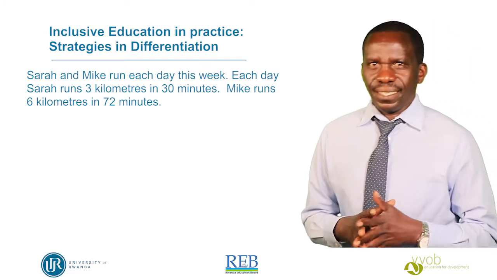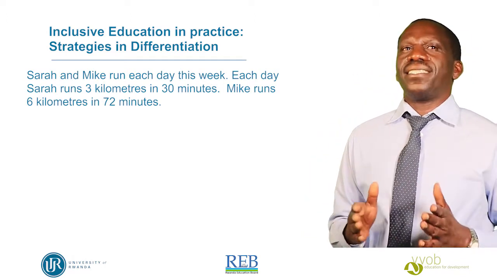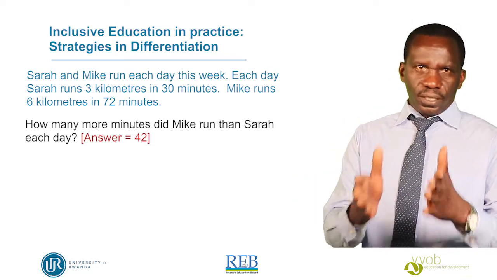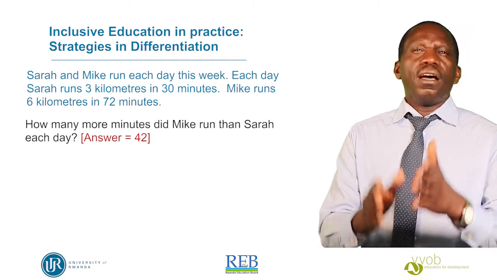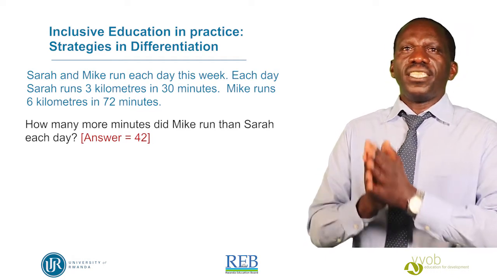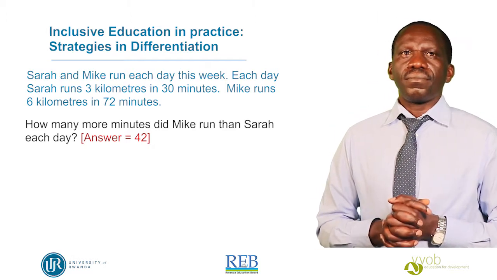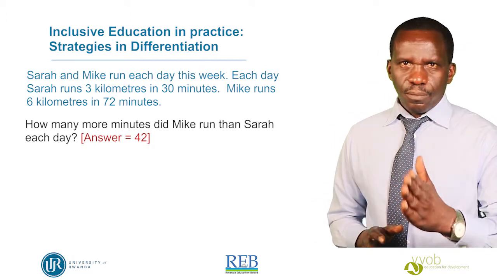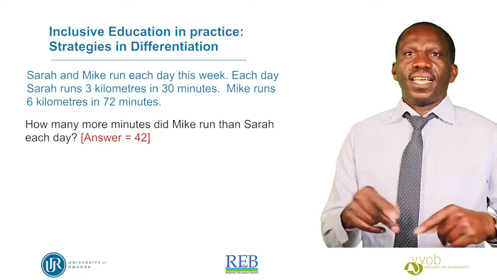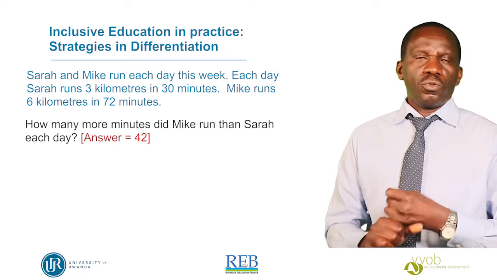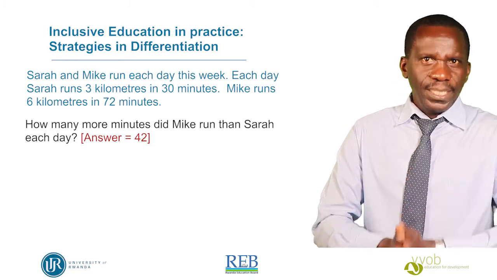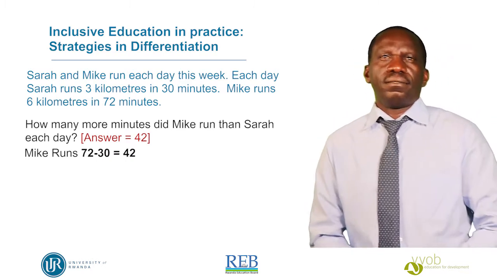From this task, the teacher may decide to close it and ask just one straightforward question like, how many more minutes did Mike run than Sarah each day? For this task, most students will perform a simple subtraction and find that Mike ran 72 minus 30, which is equal to 42 more minutes than Sarah.